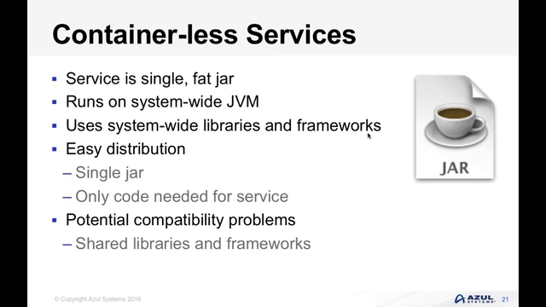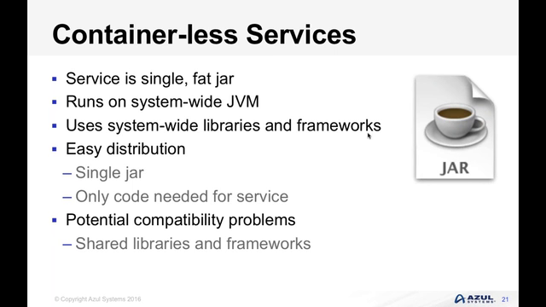Now, I call it a fat jar, but it's not really that fat. So we create a single jar that has all of the code that we need for our service in it. It will run on a system-wide JVM that we have installed on our machine. It's going to use the system-wide libraries, system-wide frameworks that we have installed on that machine.